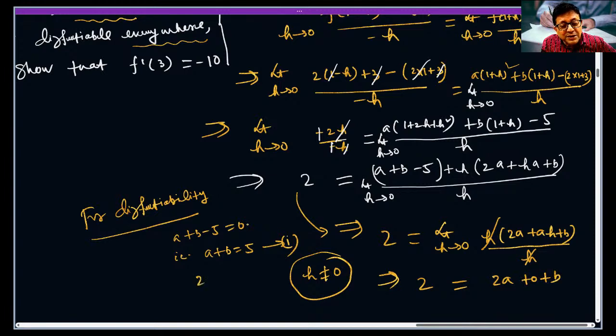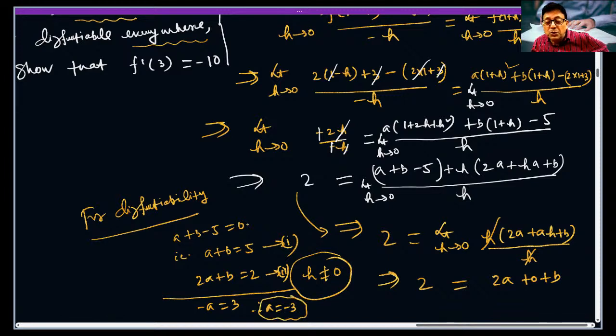So what do you get? 2a plus b equal to 2. Subtract. So a equal to minus 3 and b equal to what? 5 minus a, I got it from this equation. This will be 8.